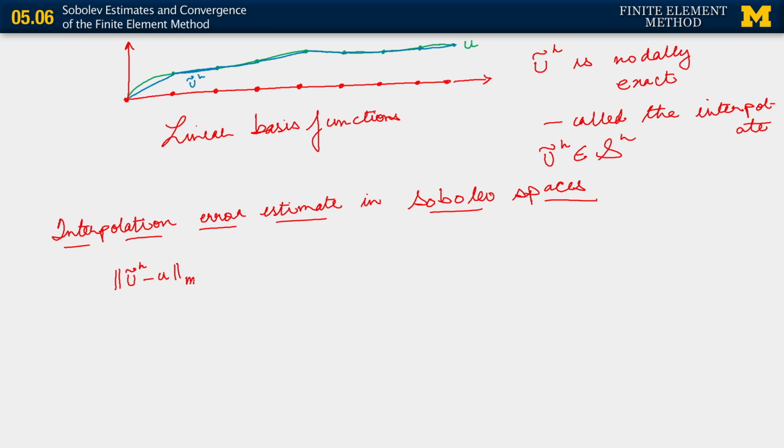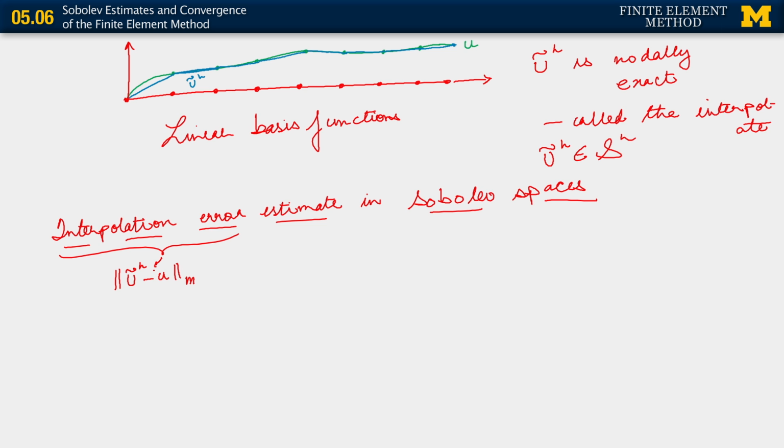Okay? It's important to note why this is called the interpolation error, right? So the term on the left is my interpolation error. Interpolation error is this. Okay, u tilde h minus u. The reason it's called the interpolation error should be pretty obvious, right? And what is that? Think about it. What it is saying is that suppose you had the exact solution, right?